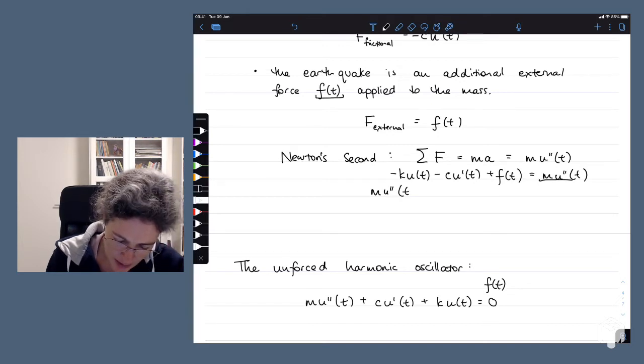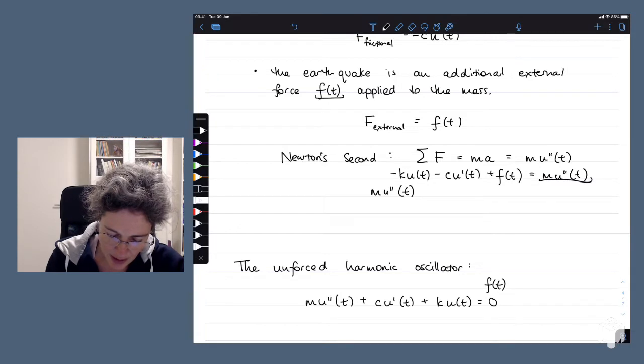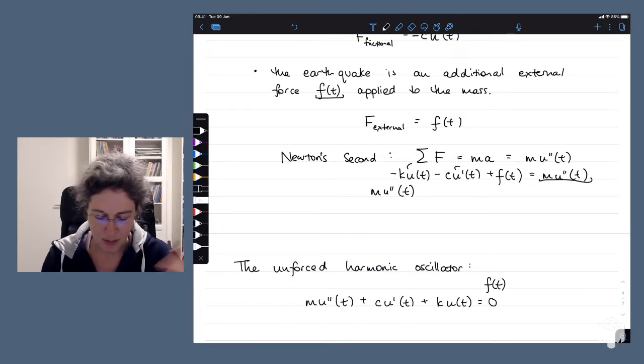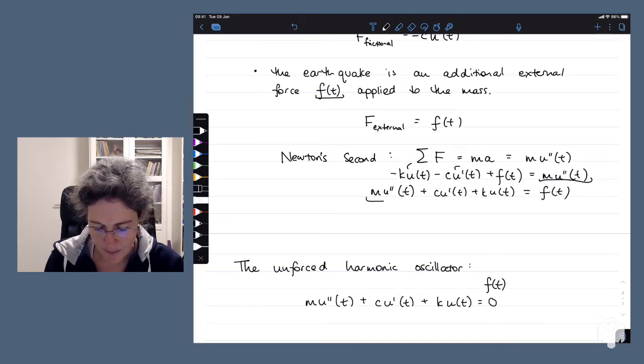So I'm taking these two terms, my minus terms, over to the other side, except I've switched that around, plus c u dashed of t plus k u of t is all going to be equal to f of t.